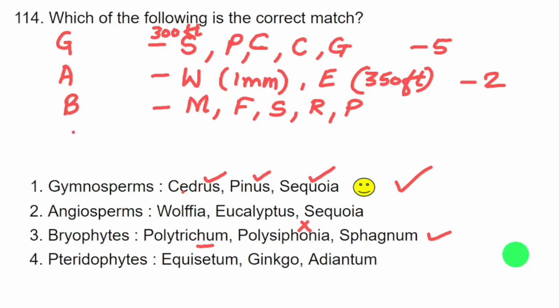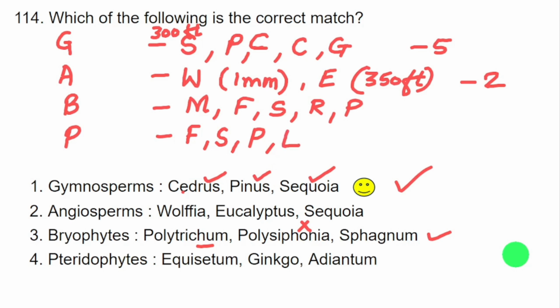And the last category is pteridophytes. So the first one is fern, then Salvinia, and then the rest of the examples are given along with their classes. So the first one is class Psilopsida, and the example is Psilotum, starting with the alphabet P. Then the second category is Lycopsida.